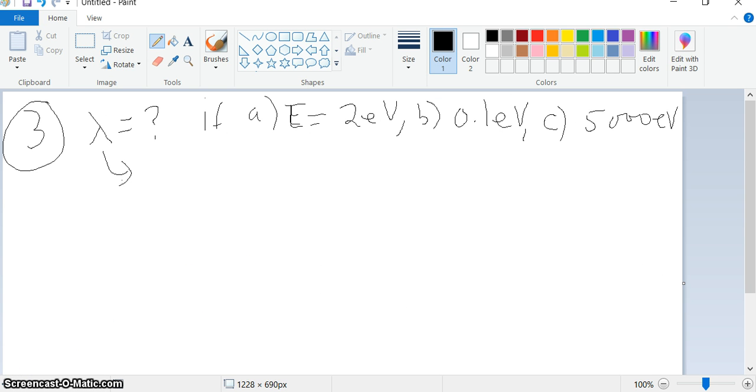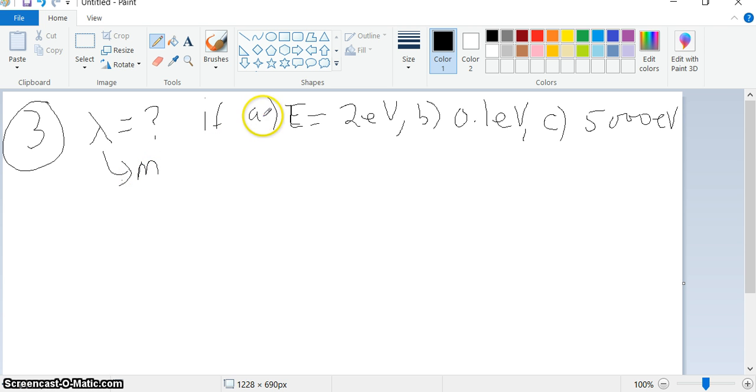They're setting up problem 3. They want us to know the wavelength for the following energies, and they want the wavelength in meters. So let's indicate that the wavelength has to be in meters.